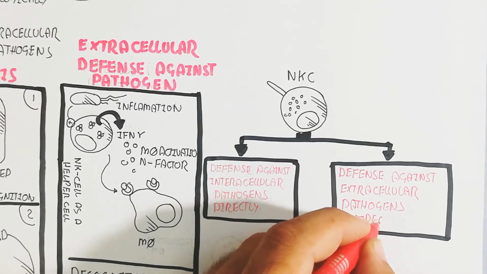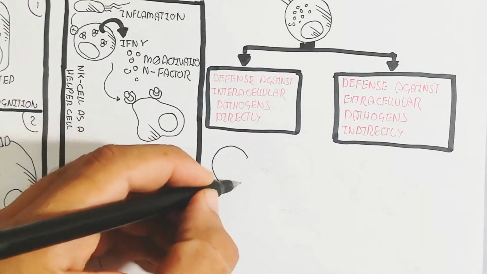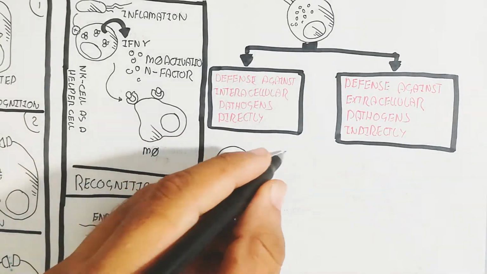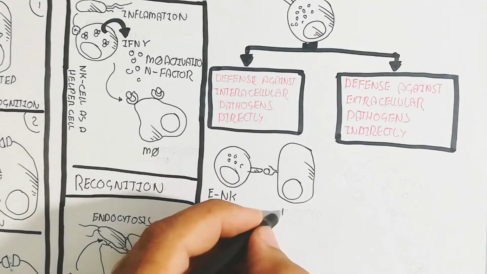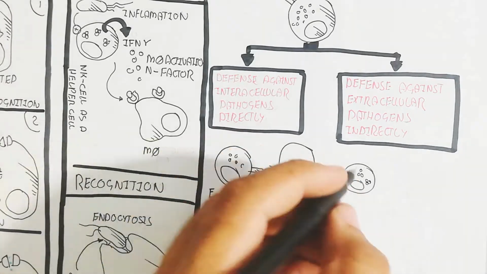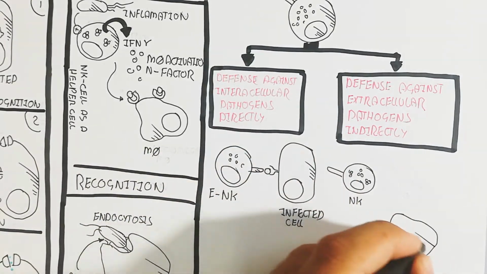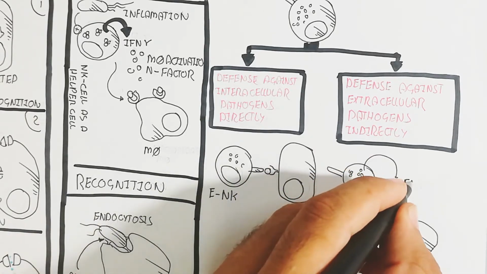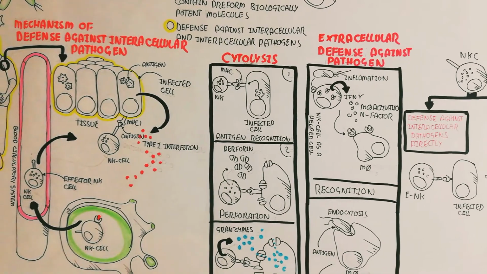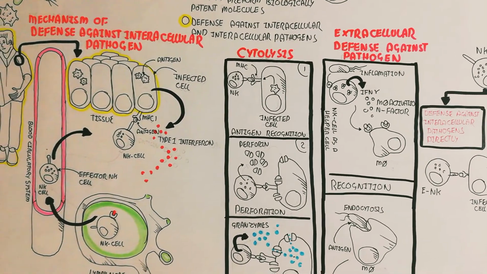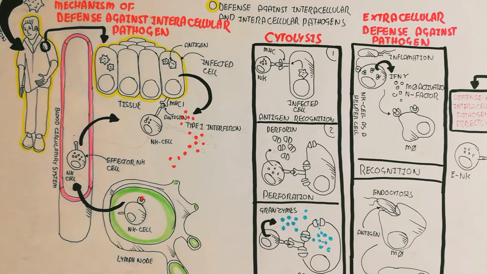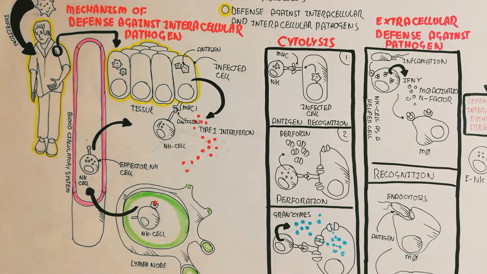If the pathogen is present in the blood circulatory system and has still not infected a cell, the natural killer cell is stimulated and produces interferon gamma. This interferon gamma binds the macrophage through the interferon gamma receptor, and after binding the macrophage endocytoses at the site of pathogen infection. In this manner the natural killer cell works.